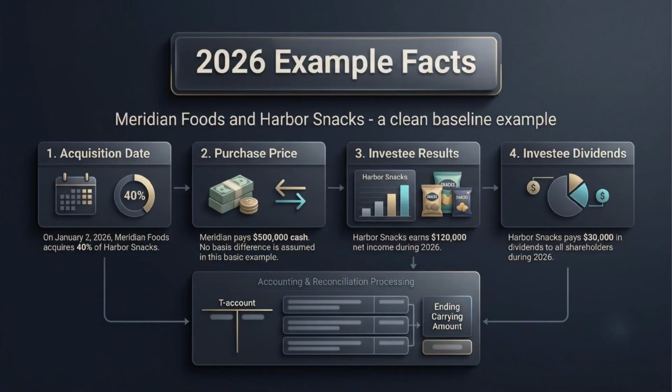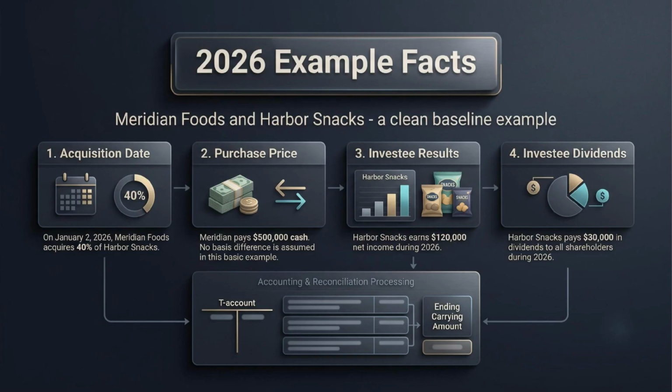Let us now apply the rules using Meridian Foods and Harbor Snacks. On January 2nd, 2026, Meridian buys 40% of Harbor Snacks for $500,000 cash. There is no basis difference in this simple example, which keeps the focus on the core entries.